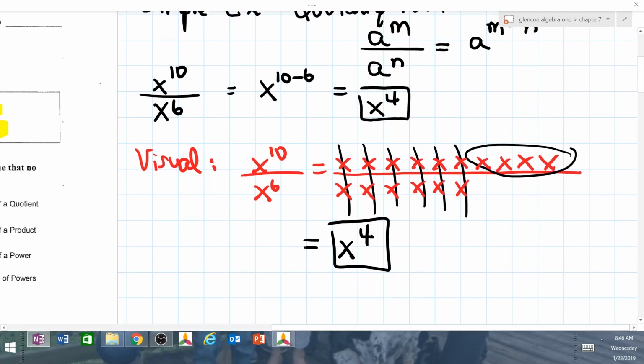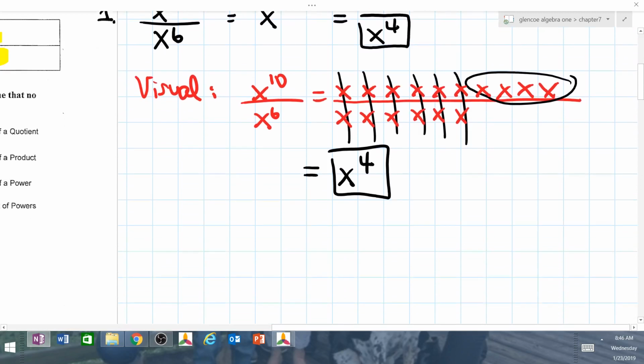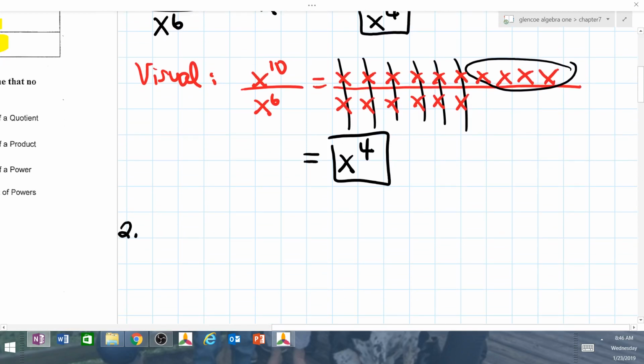So this is example, let's do that as 1. And we're going to get you involved here in a minute as well. So let's go m to the 6th over m to the 4th. I'm actually doing a lot of them that are in your notes. M to the 6th over m to the 4th.